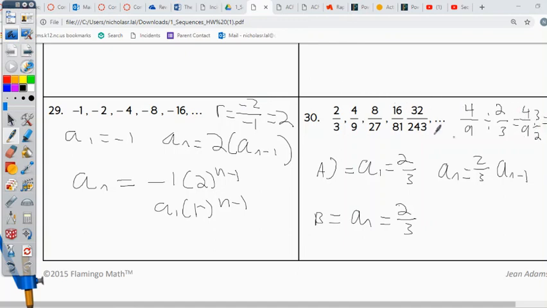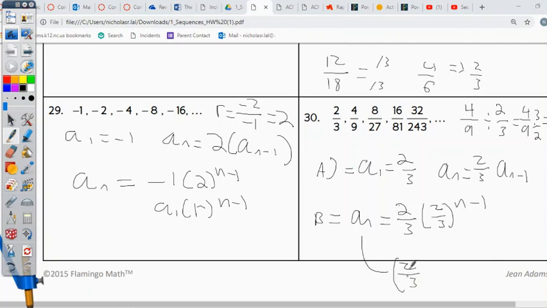So that should be 12 over 18, which will simplify by dividing each side by 6 to become 2/3. So r is equal to 2/3. So 2/3 times 2/3 to the n minus 1, and this could be simplified to 2/3 to the n. So that's explicit.